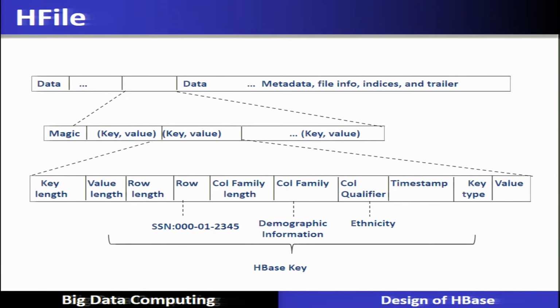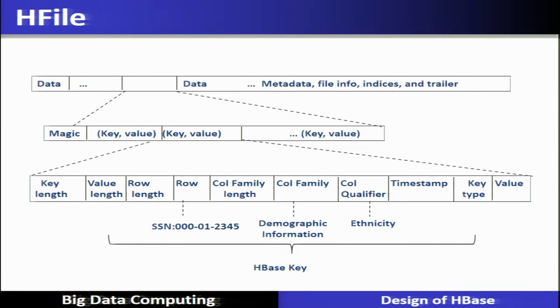HFile comprises data and meta file information, indices and trailer, where the data portion consists of the magic value and key value pairs. The key value pair has the key length, value length, row length, row, column family length, column family, column qualifier, timestamp, key type and value.